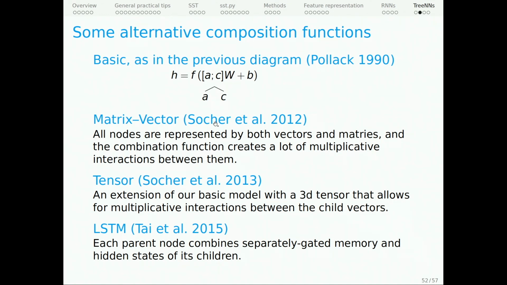And I've mapped out 3 alternatives. All of these were explored by Richard Socher. Matrix vector, where you represent each word as both a vector and a matrix. And when you do that combination to form the parent, you kind of cross the matrix and the vector so that you get lots of multiplicative interactions. So very powerful. I think it was too powerful in the sense that it had too many parameters relative to the data.